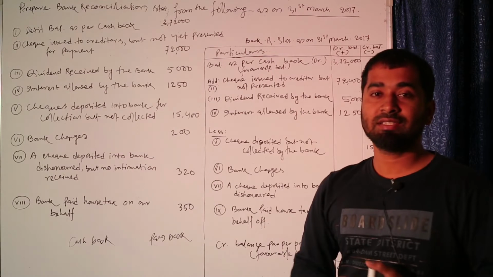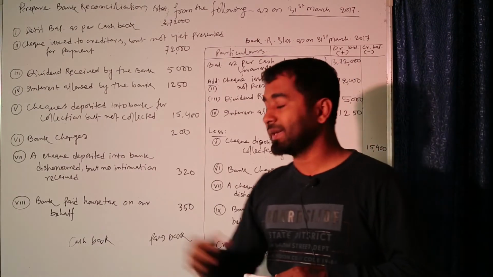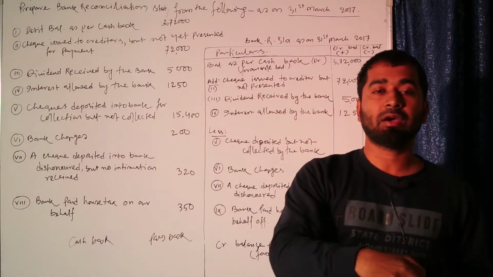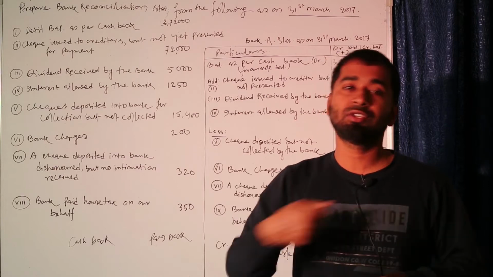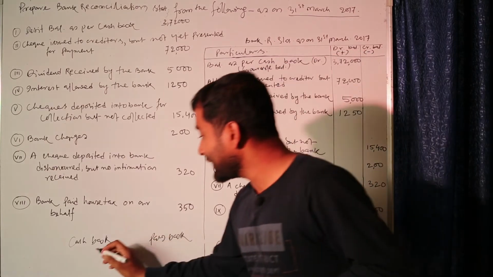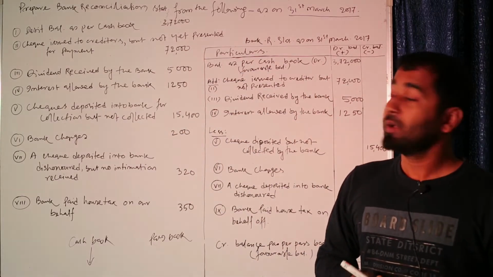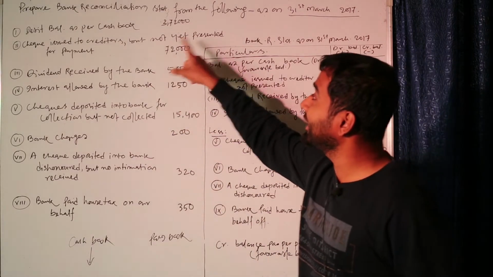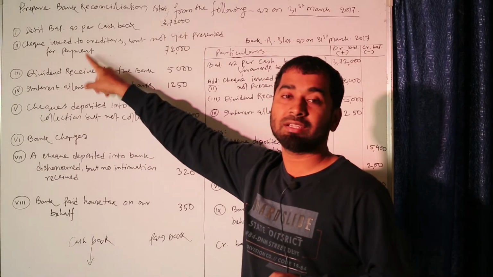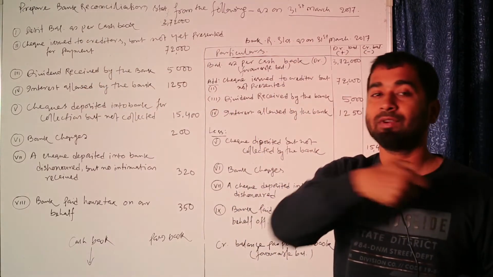Now, check issued to creditor but not yet presented for payment. When you issue the check, you think that the person will visit your bank and withdraw that money. So when the check is issued, the cash book is already reduced. But the person has not yet presented it for payment, has not visited the bank and withdrawn the cash.